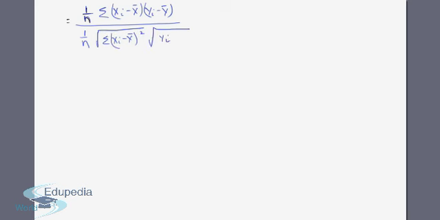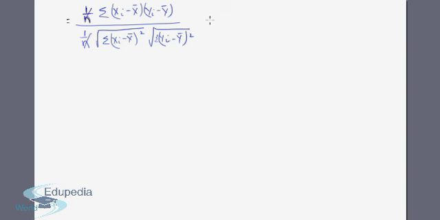We have 1 by n times summation xi minus x bar times yi minus y bar, divided by, now we have root of 1 by n twice, so when I take them I'll have 1 by n outside, and then summation xi minus x bar square times summation yi minus y bar square.